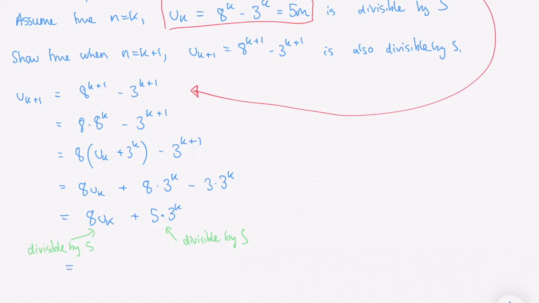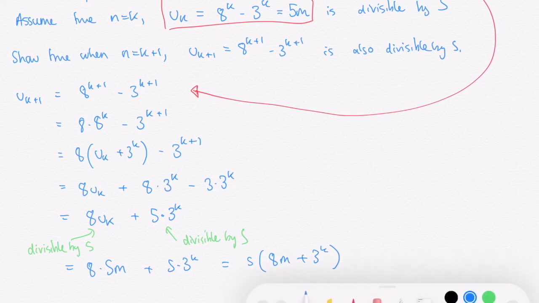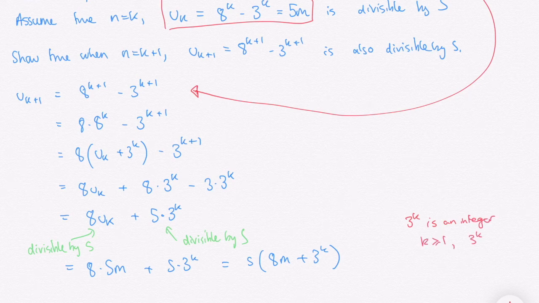So we get this is equal to 8 times 5m plus 5 times 3 to the k, and then take a factor of 5, which gives us 8m plus 3 to the k, and we can see that there is a factor of 5, and so this is divisible by 5. Again, note we need to be sure that 3 to the k is an integer, but because our base case was n equals 1, when k is greater or equal to 1, 3 to the k is an integer.